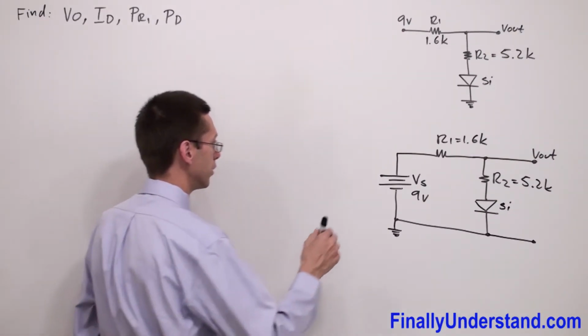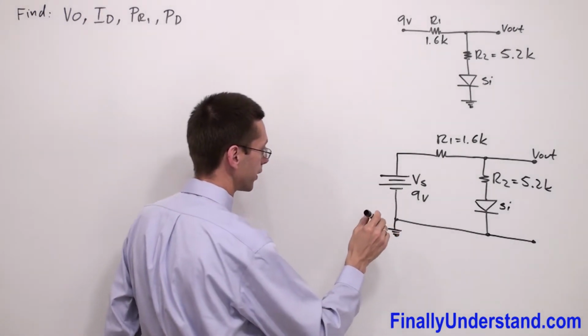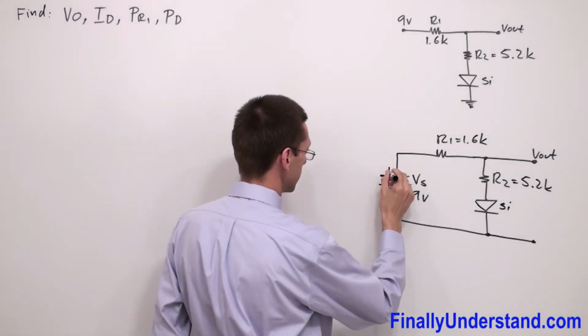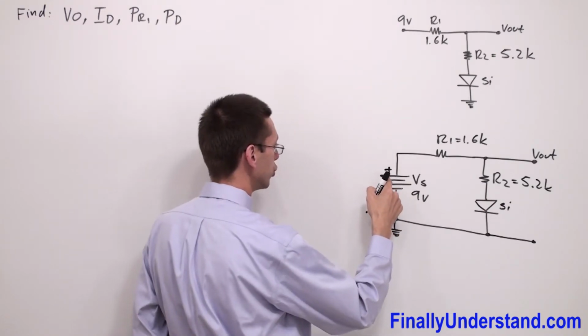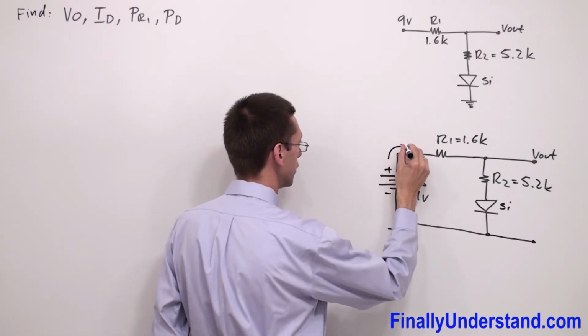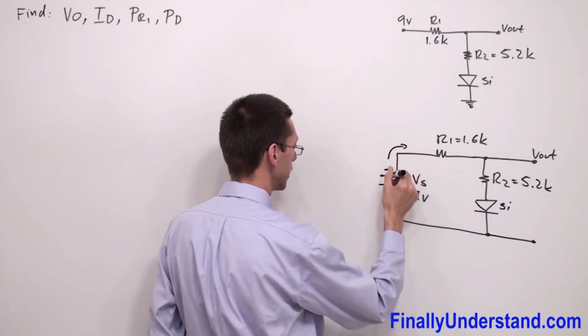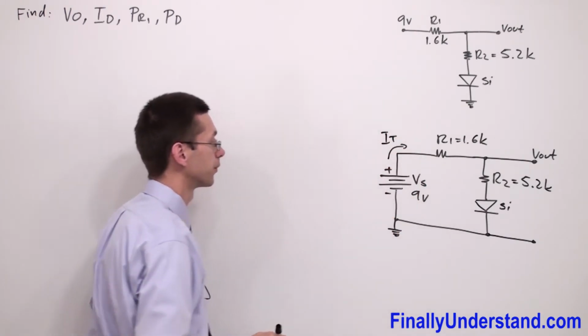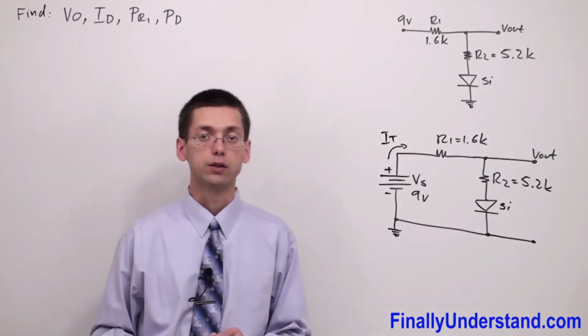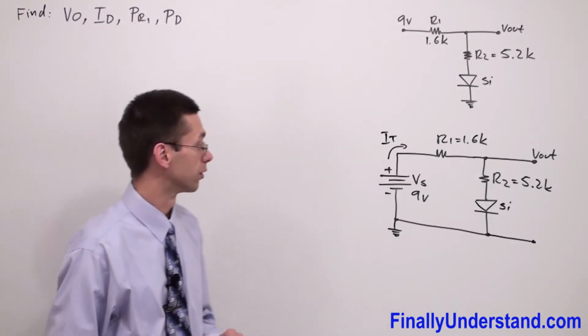Okay, so we have to first realize that the voltage source is going to push the current from positive terminal to negative. Okay, so this is my I total. Don't forget that we are using the conventional current flow.